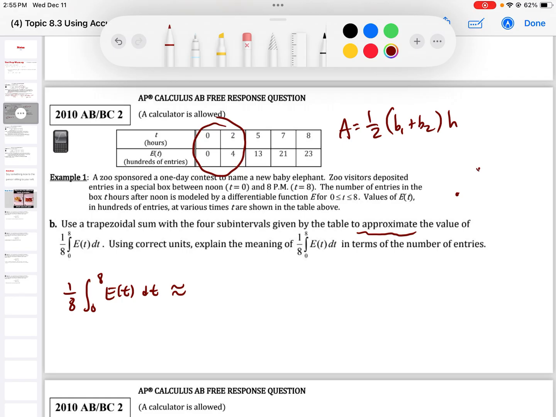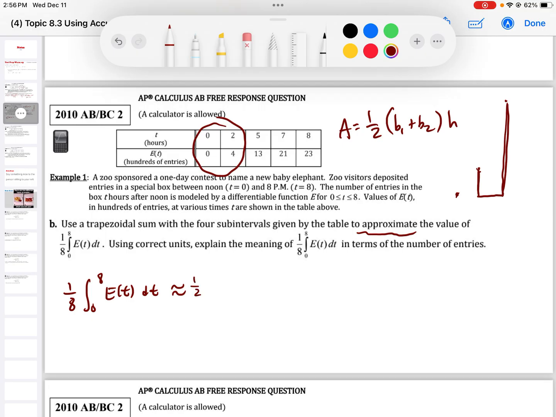The height, so if I have 0, 0, and 2, 4, and 5, 13, the heights are going to be your bases. I might have said this all the way wrong. Okay, the bases of the trapezoid are going to be your y values.